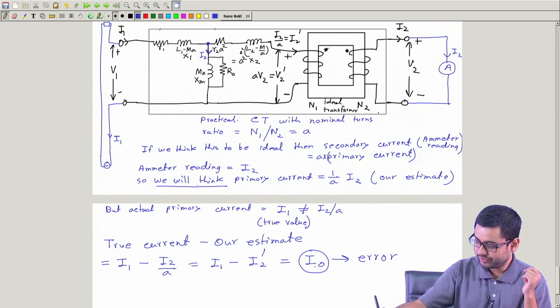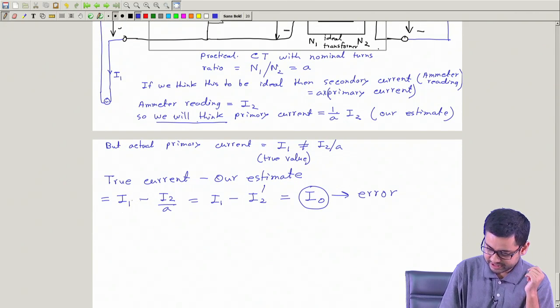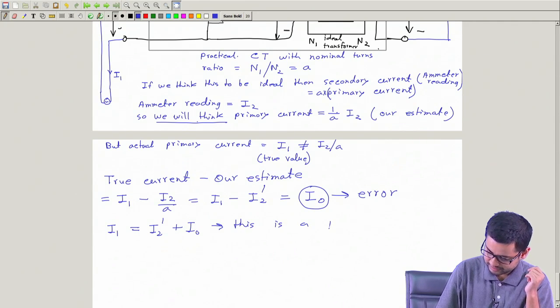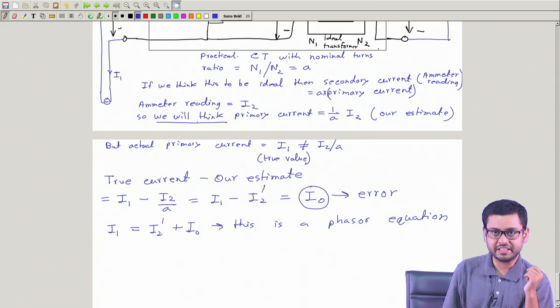Now let's define two terminologies. This equation, I1 is equal to I2 prime plus I0, is a phasor equation. So all these are phasors.